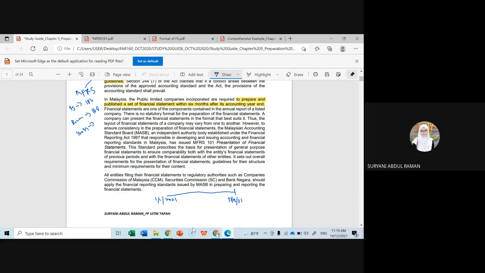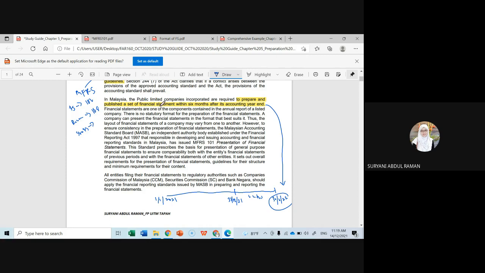If you are a public company, you are given about 6 months maximum to publish your financial statement to the public. So the deadline will be on the 30th June 2022, for the company to publish its financial statement to the public.